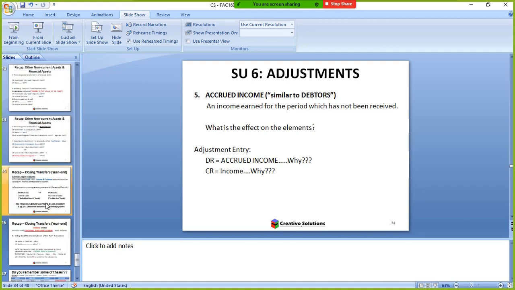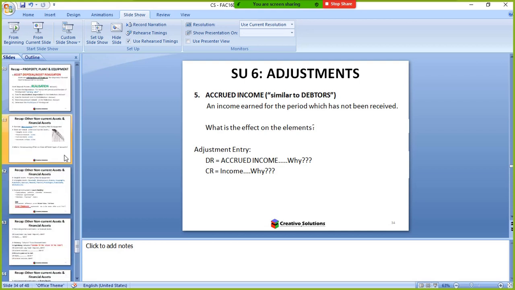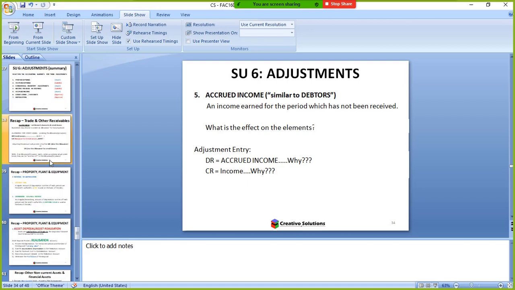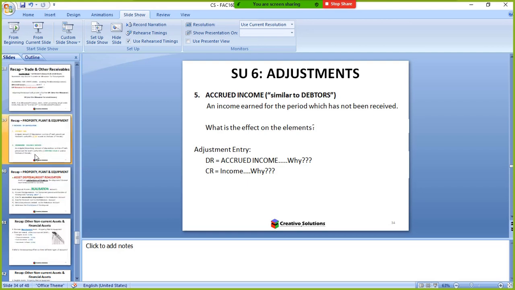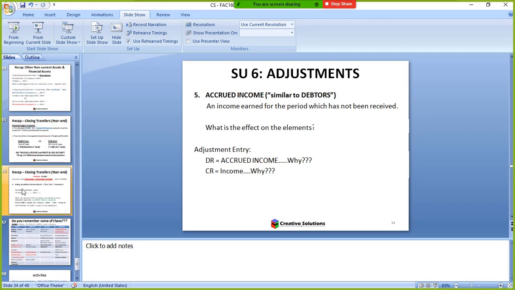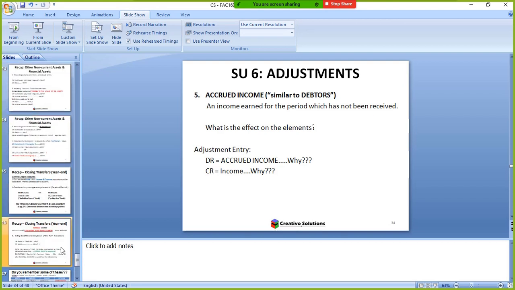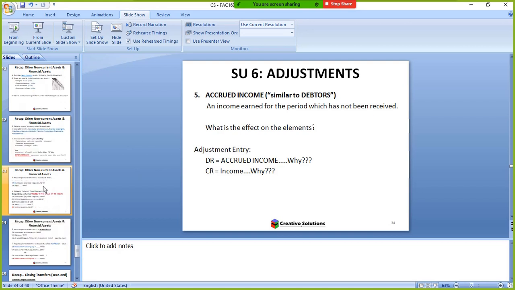We've just got a few other slides, some considerations in terms of revision from FAC 1502. It's actually better I cover it next week, because then when we go through practical examples, when I have debtors, when I adjust for allowances, depreciation, an asset disposal, closing transfers, and working out profit and loss, I can explain it and then look at some practical examples from the textbook.